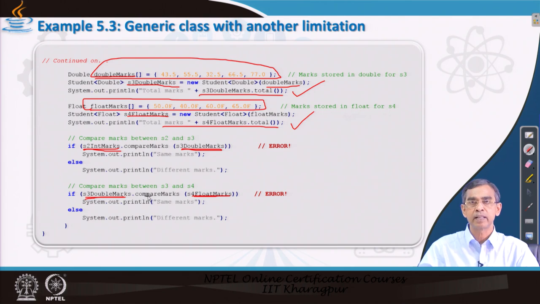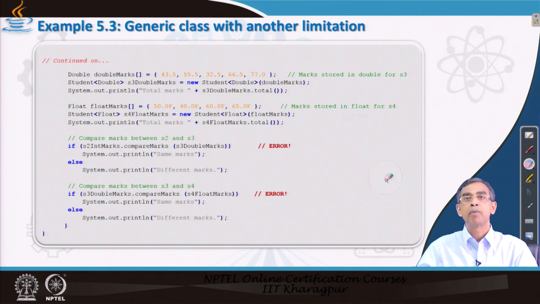This is one limitation: the compare marks method, in the earlier definition, is supposed to have the same type for which we are calling and for which we are sending. That is why there is the problem, the type mismatch. So this gives a compilation error, and the program therefore needs a remedy.